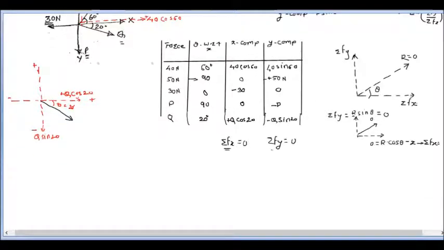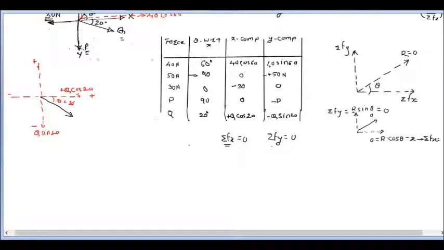Now all these terms we have listed into our table. When we add up all the x components, we are going to equate that to 0, and the reason behind that is the resultant is already given as 0, so the summation of Fx will be 0 and the summation of Fy will be 0. Now we will formulate one equation, and by using these two equations we'll see what terms we can get.